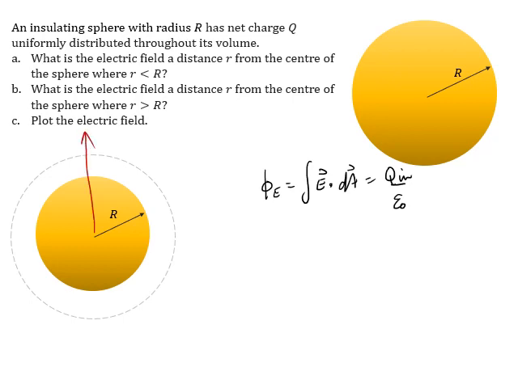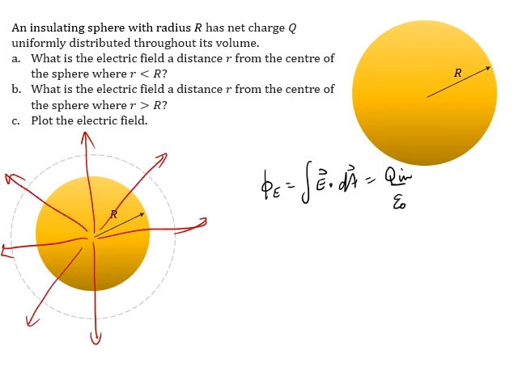Quick reminder, our electric field is radially outwards. Never hurts to draw that again. We have to pick a new Gaussian surface. This time, let's pick our Gaussian surface as a sphere with radius bigger than the radius of our insulating sphere. So our Gaussian surface is going to be a sphere outside.